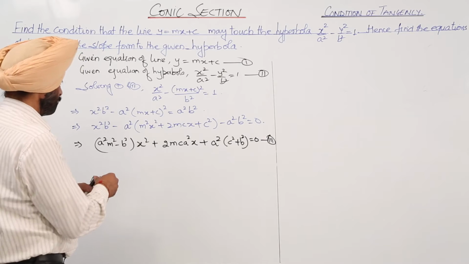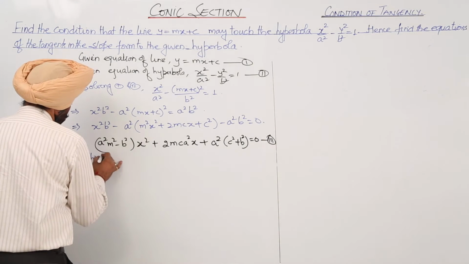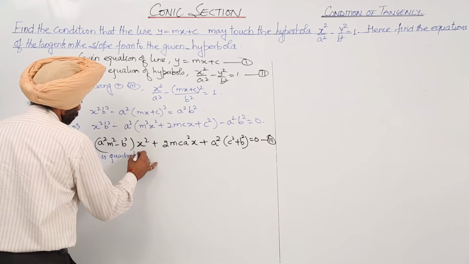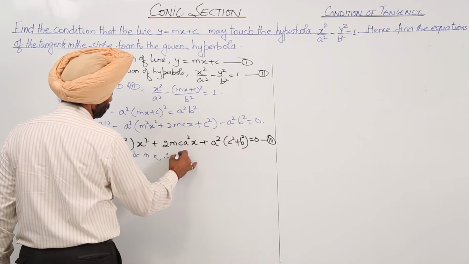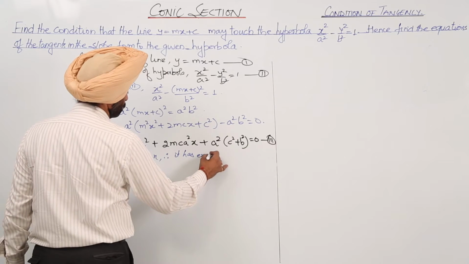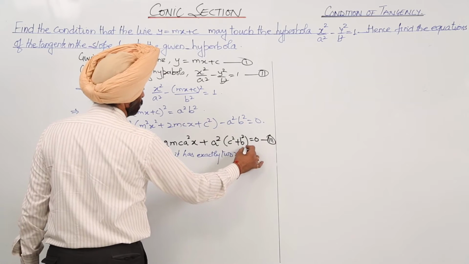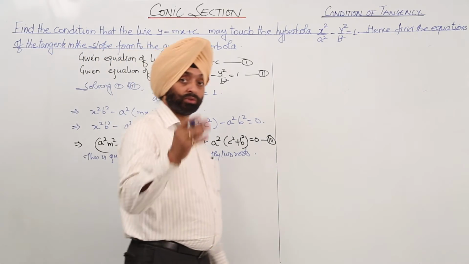Now this is quadratic in x, therefore it has exactly 2 roots. Now again we have 2 roots with 3 conditions.